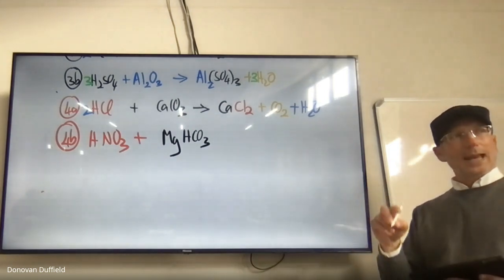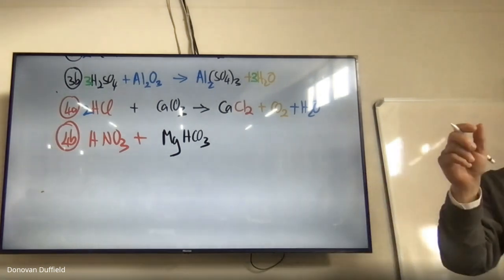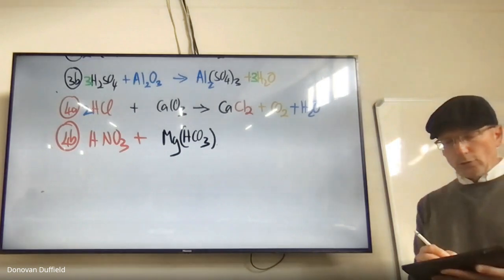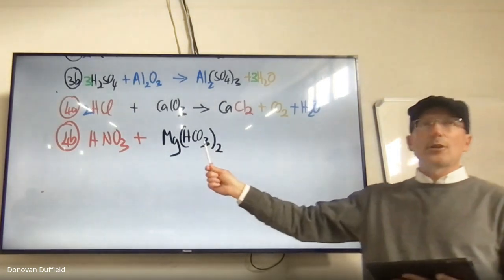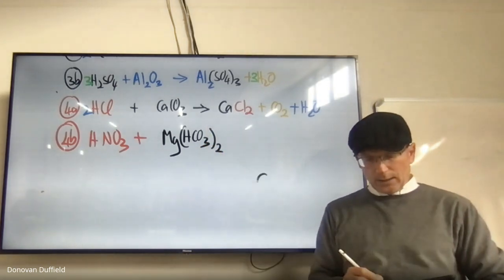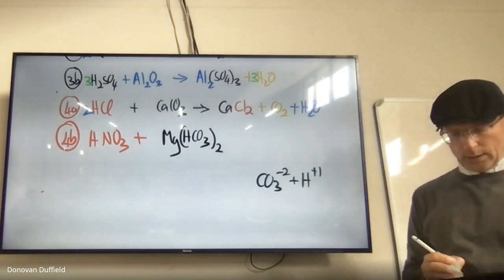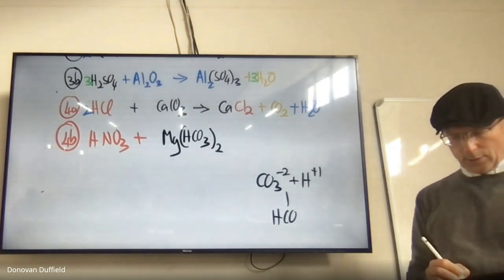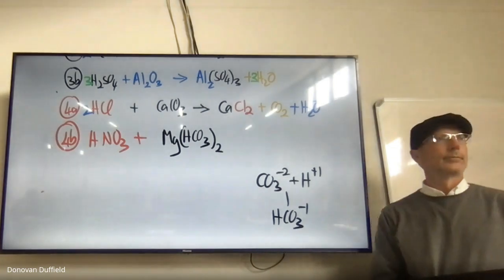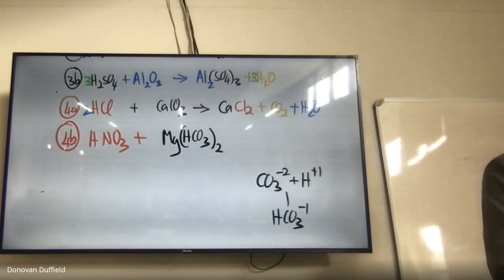Hydrogen carbonate is HCO3 minus 1. You've added a hydrogen ion. So this needs to be 2 because the HCO3 is minus 1. Just think about that. You've got a CO3 minus 2 and you add a hydrogen plus 1, you're going to land up with an HCO3. Minus 2 plus 1 is minus 1. So hydrogen carbonate is actually a substance. It's a polyatomic ion.